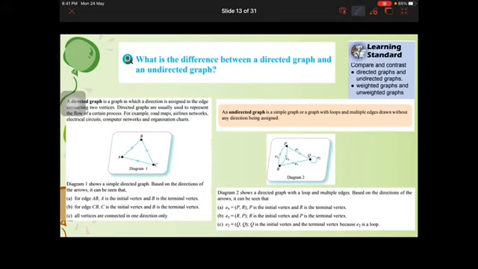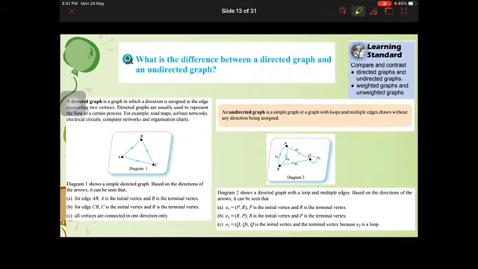Now, what is the difference between a directed graph and an undirected graph? Just now, if you remember, there is no direction in our diagram. But here, we will learn what is a directed graph and what is an undirected graph.